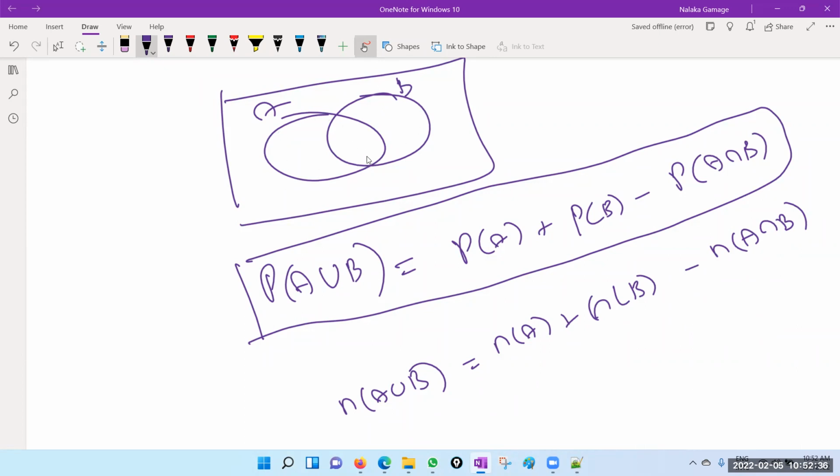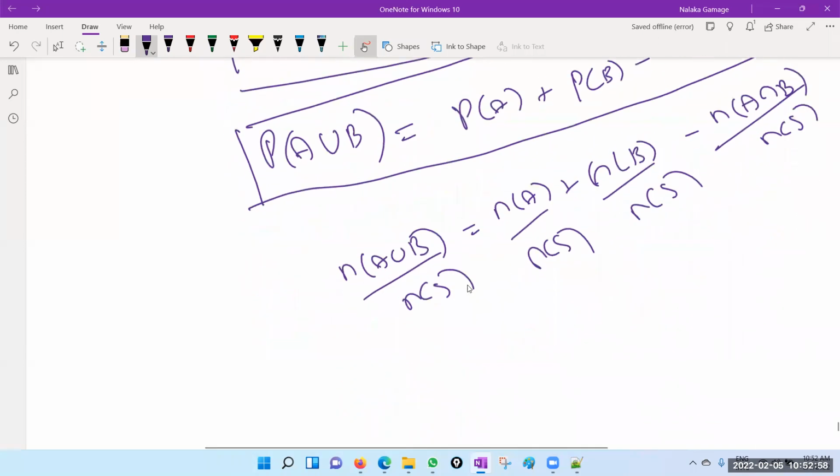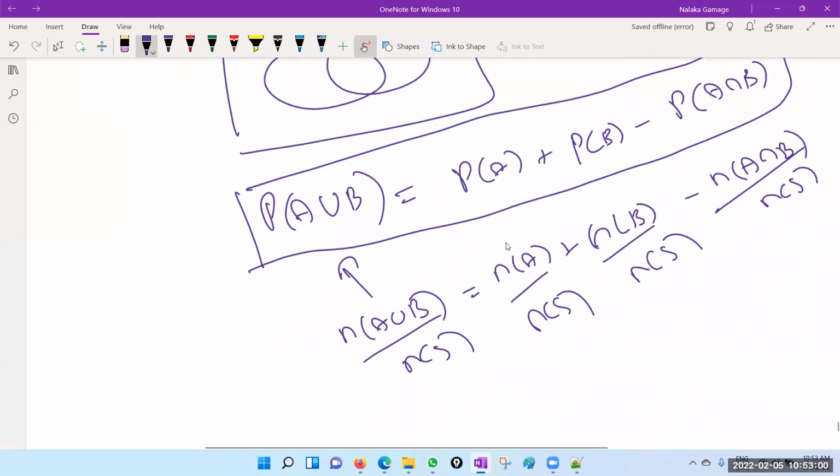So it is double counting, and we eliminate double counting by subtracting once. Now you can divide it by n(S), the total number of elements in the sample space. Each and every term we can divide. Then this is the probability of A union B, this is the probability of A, the probability of B minus the probability of A intersection B. That is how you get it.